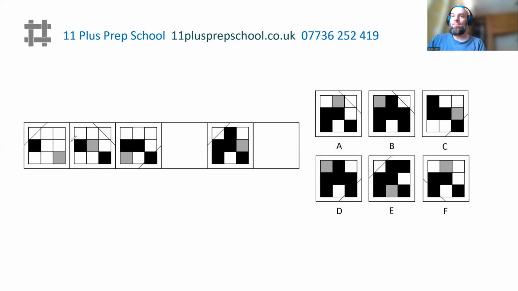So we have 6 figures, and if we look over to the right, we have 6 answer options, A to F. What we need to do is find 2 answer options which correspond to the 2 blank figures in our series. So how do we do that?